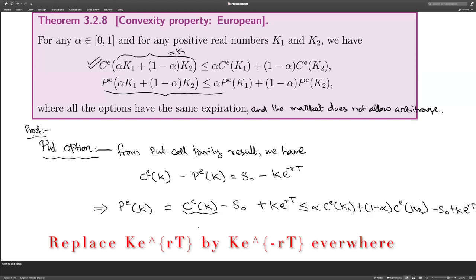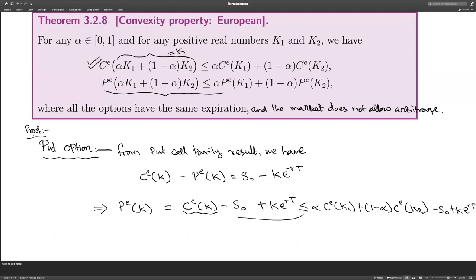And from here, you can just group all the terms. This is equal to, you keep this part as it is, minus S naught plus K, which you expand, alpha K1 plus 1 minus alpha K2, times e power RT.